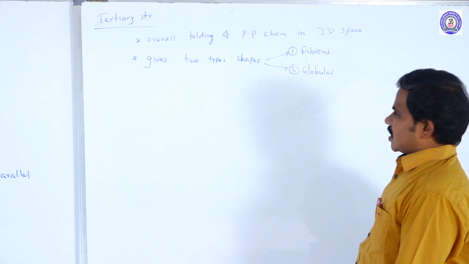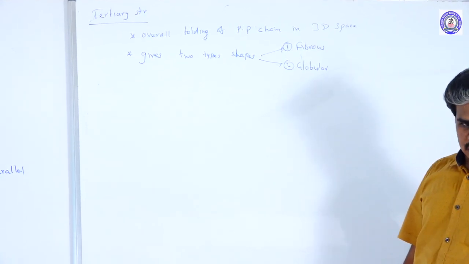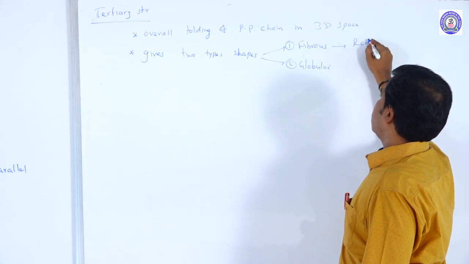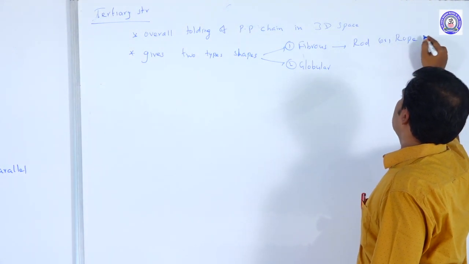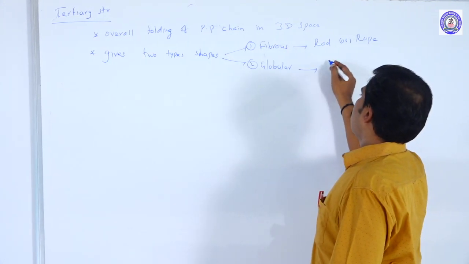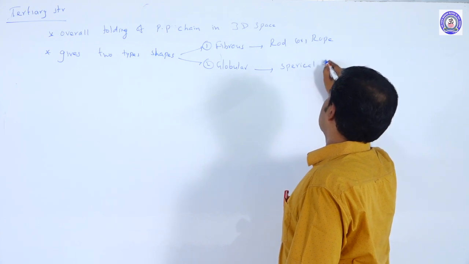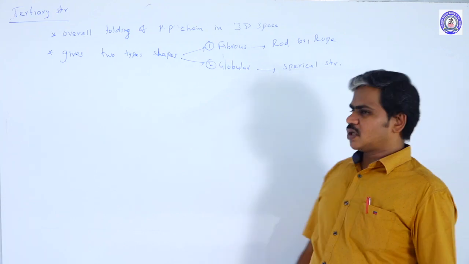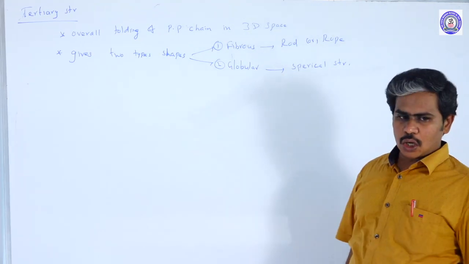So the tertiary structure represents the fibrous protein and the globular protein. If it is fibrous, it may be a rod or rope-like structure. If it is globular, then it is a spherical structure. So depending upon the tertiary structure, we are classifying the protein into fibrous and globular.